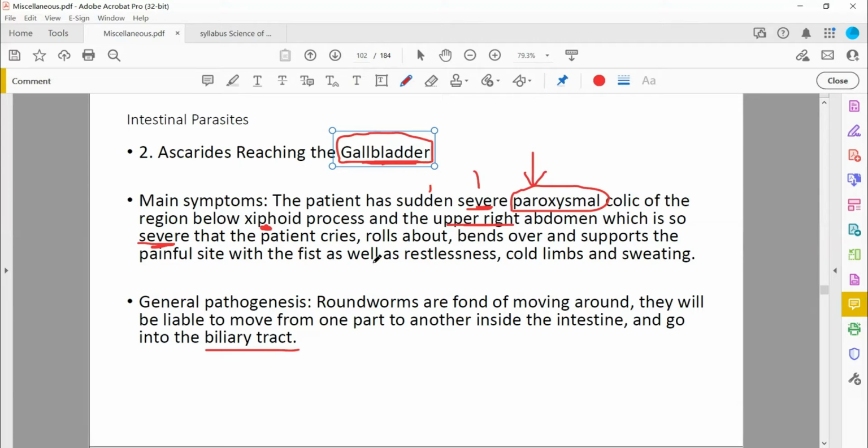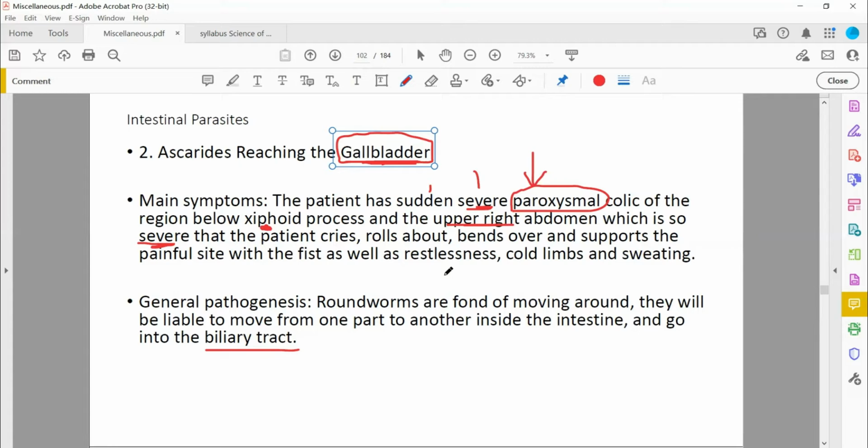And if it's just the parasites, no inflammation, there will be no fever. Yeah, that could be a point to distinguish these two types of disease.